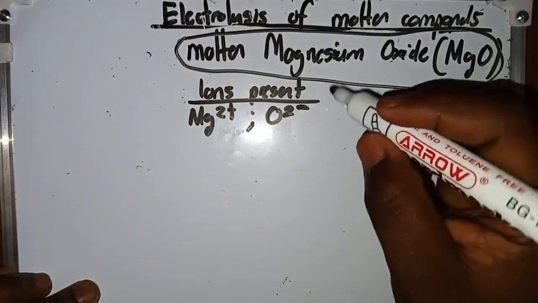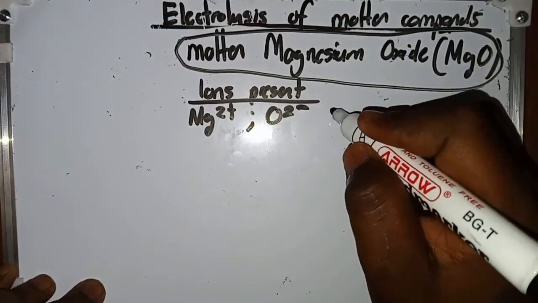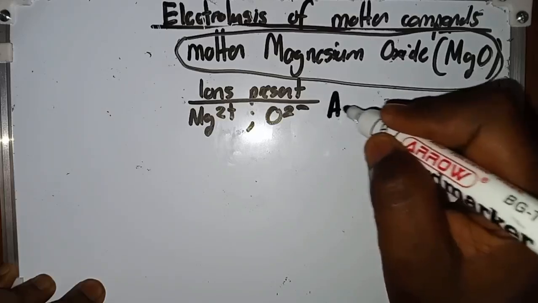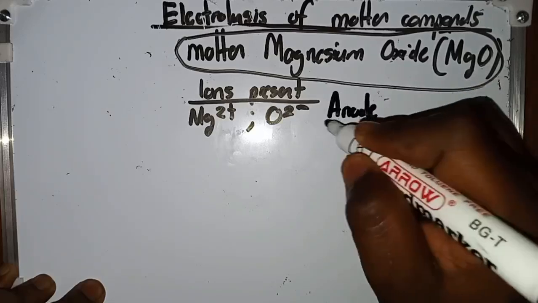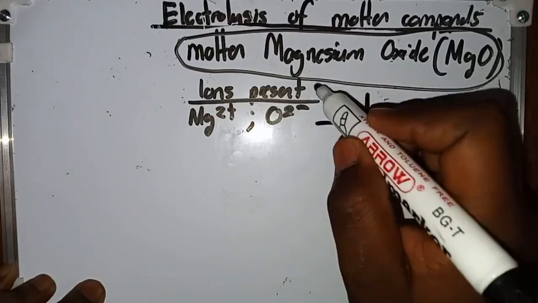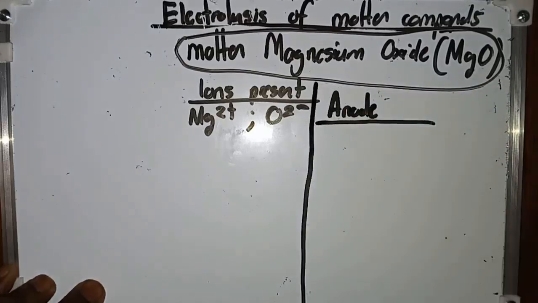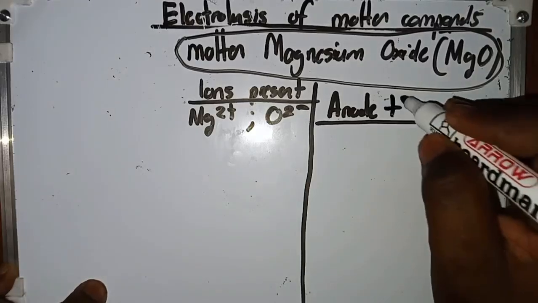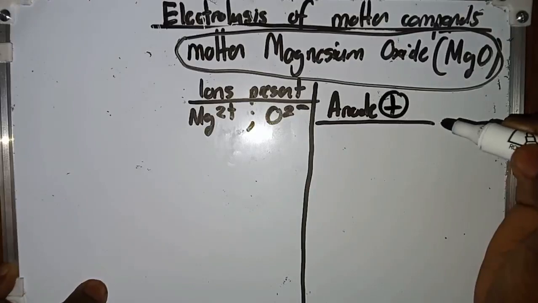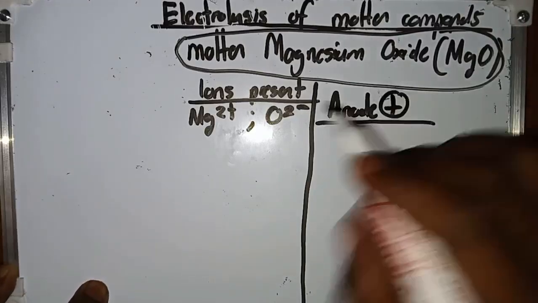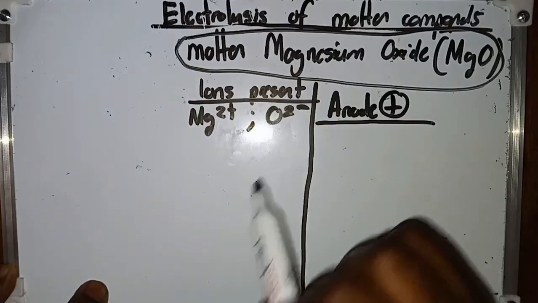So when we now want to write the equations, anode equation. Now we are on anode. For the anode equation, what do we have? The anode is the positive electrode, so it attracts the negative ions. In this case, our negative ion is oxygen, O2-.